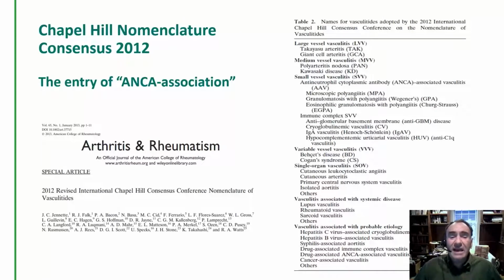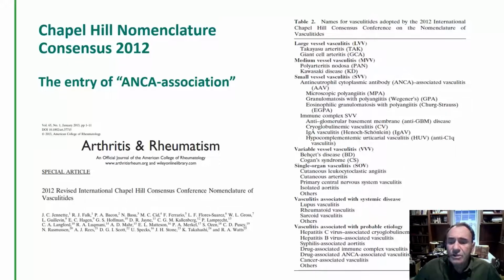1994, then 1992, the Chapel Hill group gets together again. Why? Well, now there's much more information about the ANCA and really ANCA association. So they took that previous categorization, large, medium, and small, added a few more variable vessel vasculitides associated with probable etiologies like infections, Hep C, Hep B, but the most important part that was changed in 2012 was this ANCA association.